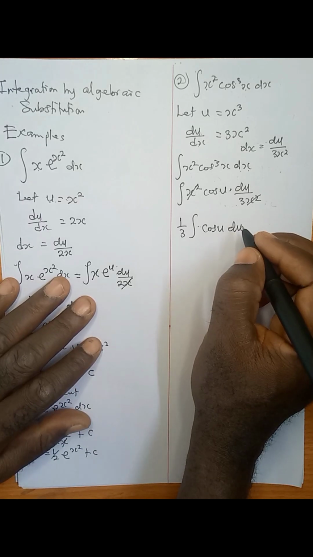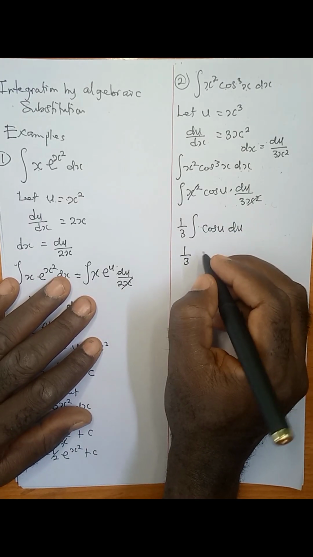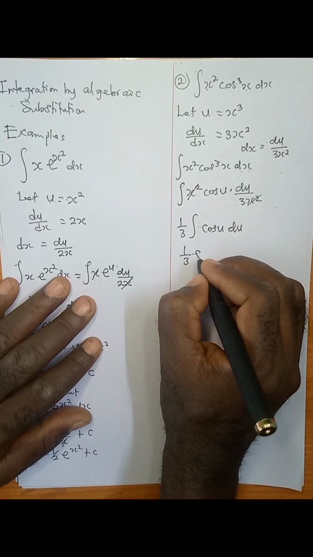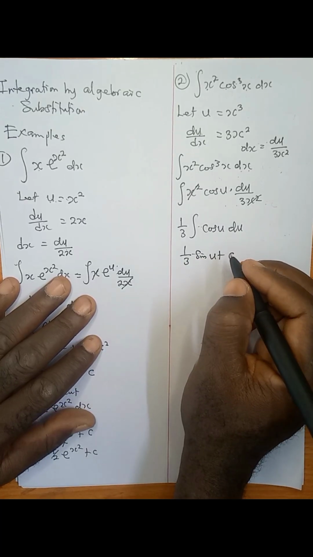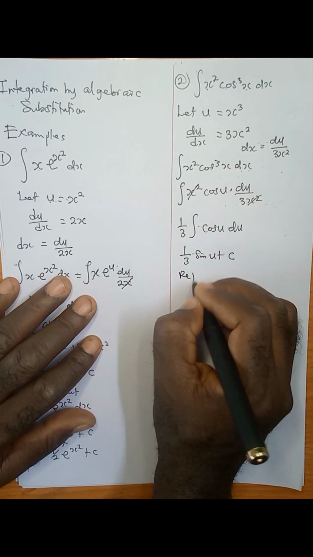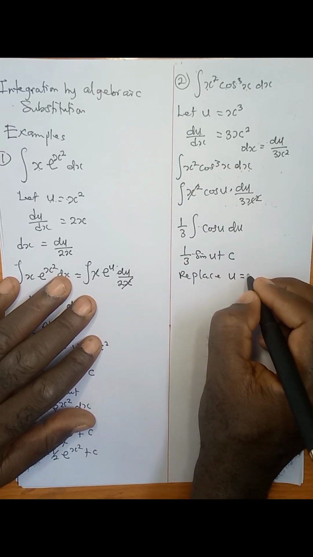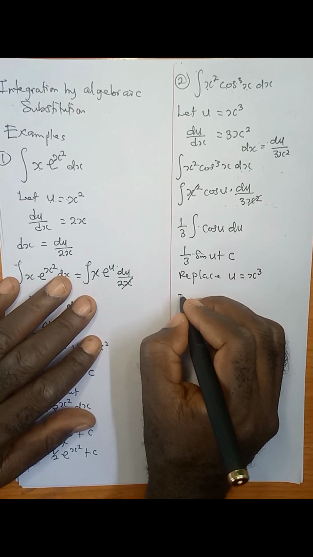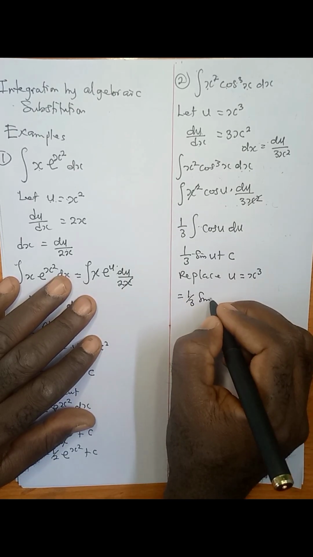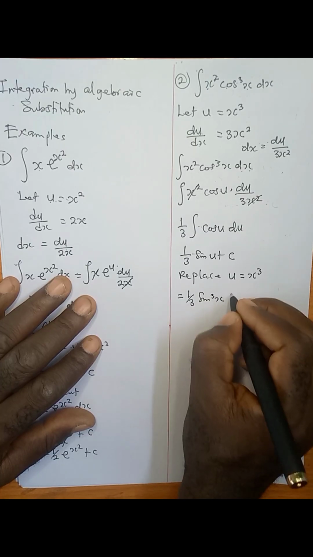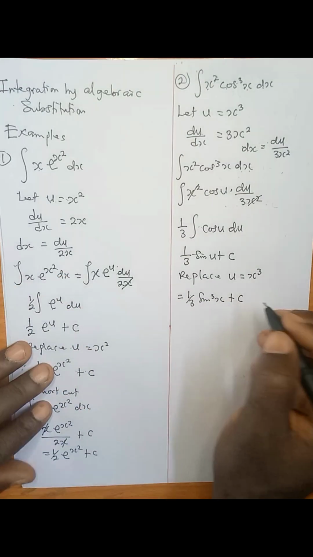Now when we integrate cos u, it will give us sine u plus the constant of integration. Then we now replace our u, which is equal to x cubed, which at the end of the day we have 1 over 3 sine of x cubed plus c, the constant of integration.